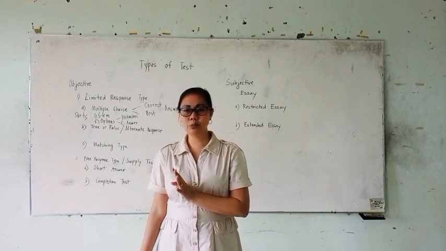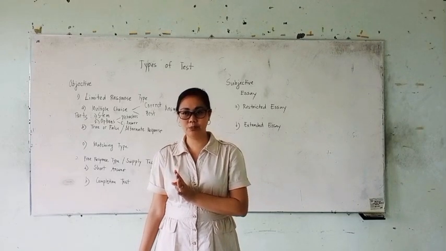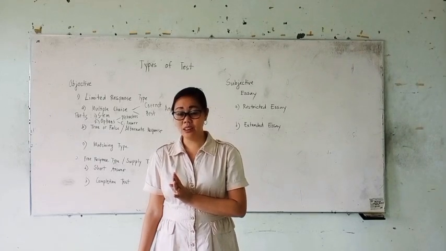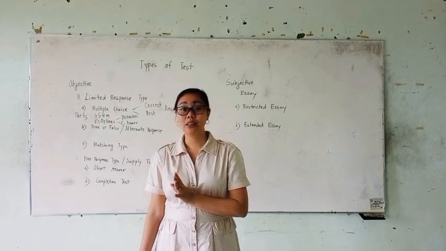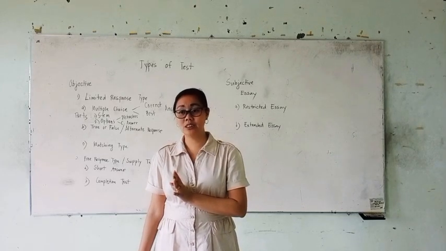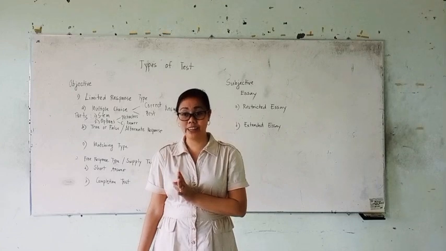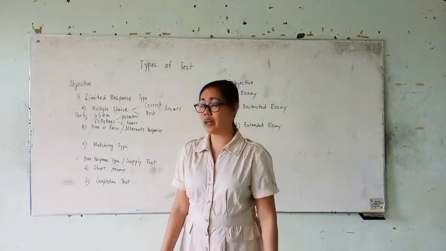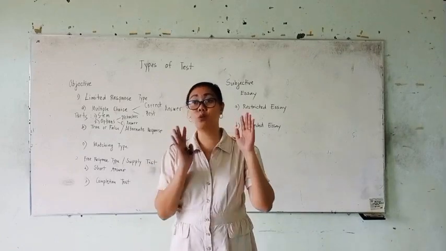And then the maximum number of items of a matching type is only 10. With the distractor, 11 or 12 items. Hindi po pwede na you have 10 items and then ang distractor mo umabot hanggang A to Z. It will confuse the students. And at the same time, the test items has to be homogeneous.